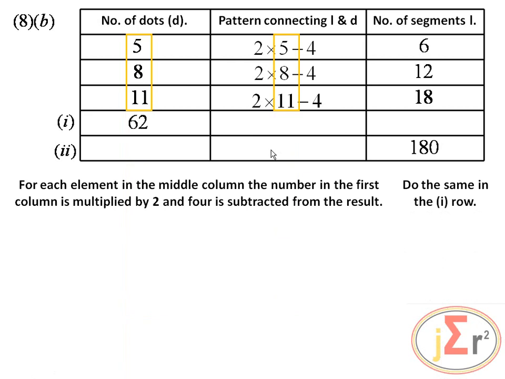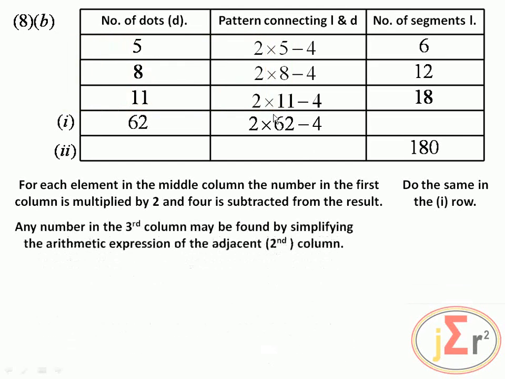So we are going to do the same in this column. We have 62 there, so we have 2 times 62 minus 4. And of course, what do we know? Any number in the 3rd column may be found by simplifying the arithmetic expression of the adjacent column.